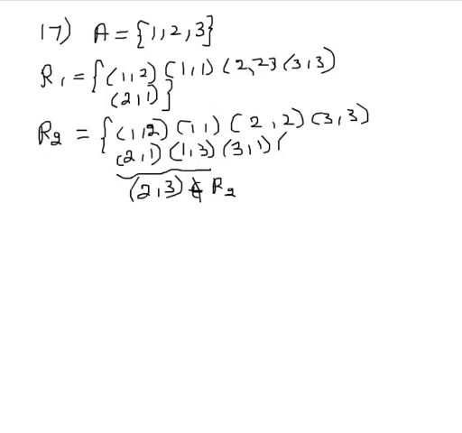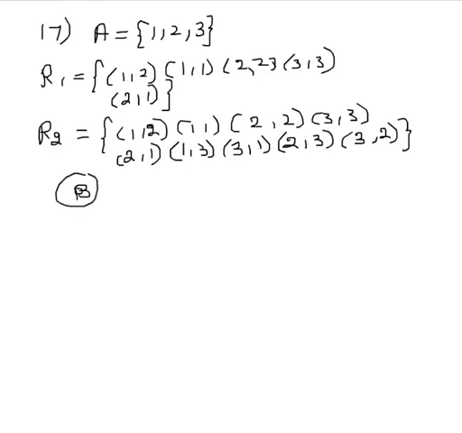Therefore, to make it transitive, I have to include (2, 3). If I include (2, 3), I have to include (3, 2) also, so that it becomes symmetric. This is the universal set, A cross A. Only two equivalence relations can be written containing the element (1, 2). The answer is B.